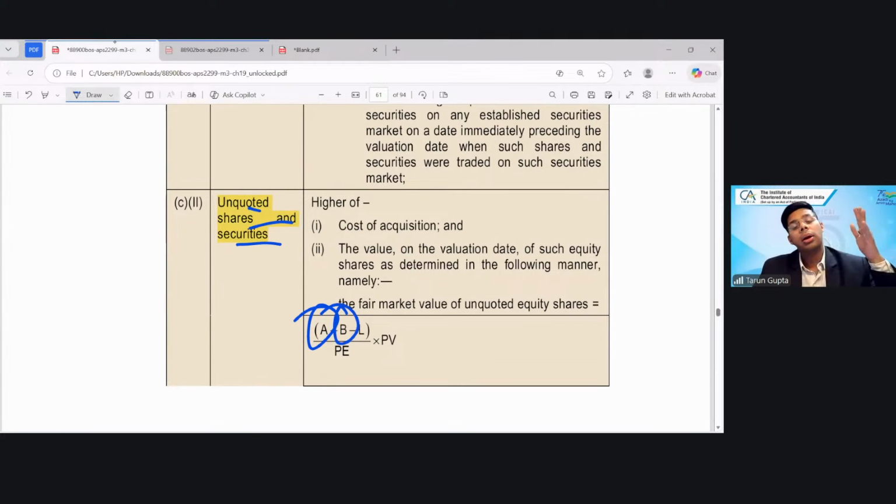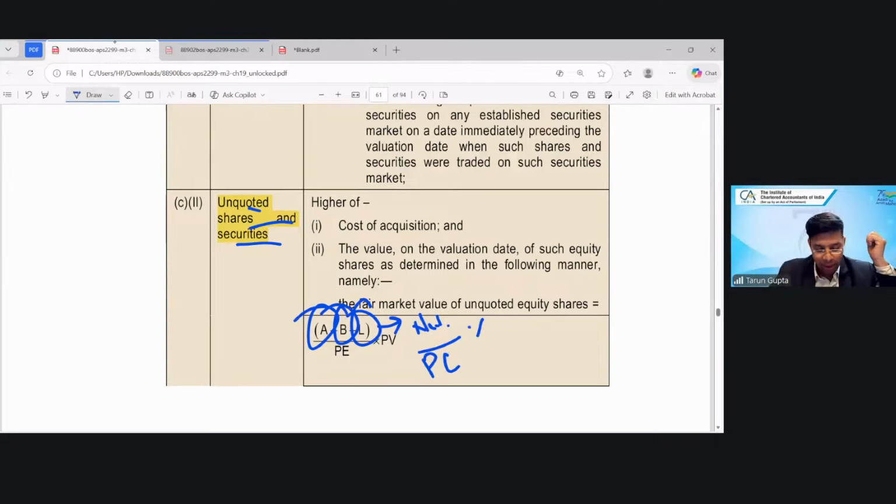B means market value of jewelry, bullion, artwork minus liability. This will give you the net worth of the company. You divide by the paid up capital and multiply with the capital equivalent to the shares held by you. So you proportionate this net worth and determine the value of the shares which you hold.